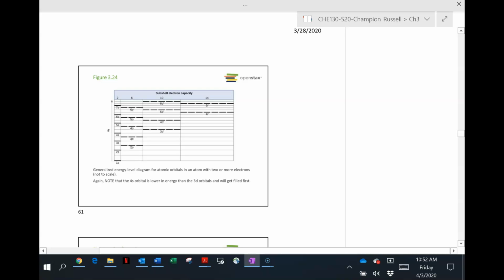If you look at the 3D and the 4S here, you can see that while n is 3 in 3D, the 3D's are higher in energy than the 4S's, so that shows that n and L relationship. Again, S, P, D, and F tell us the value of L. The number tells us the value of n, and that's the note down here about that.